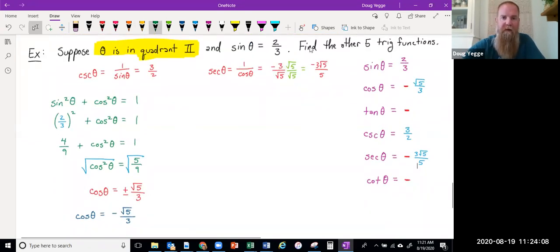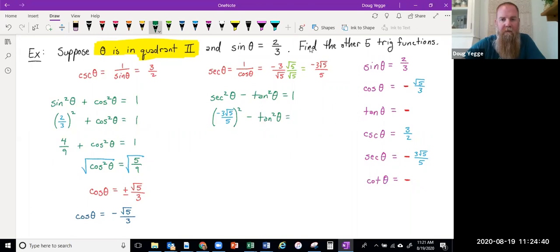Secant squared theta minus tangent squared theta equals 1. So using this identity, now that we know secant of theta, will help us to find tangent theta. I know that secant of theta is the negative of 3 root 5 over 5, squared, minus tangent squared theta equals 1.